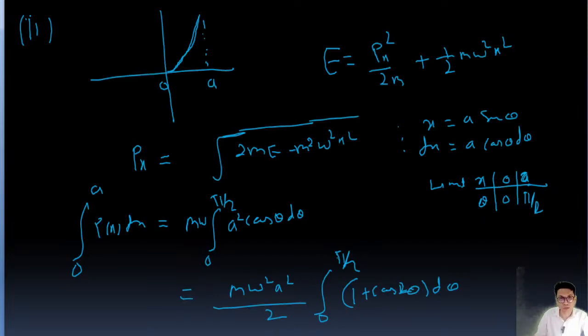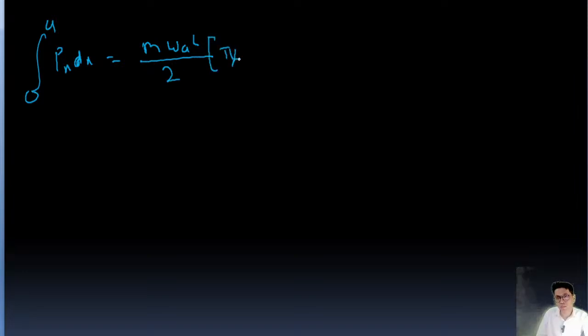The integral of px dx from 0 to a is going to be m omega a square upon 2 into pi by 2 plus 0.